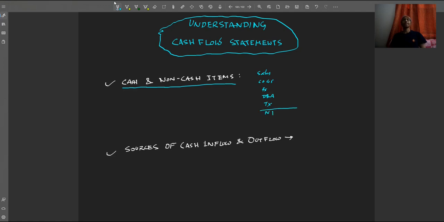Items proceed like this. Now from these, certain elements like sales actually represent cash. On the other hand, depreciation and amortization is basically a non-cash item.